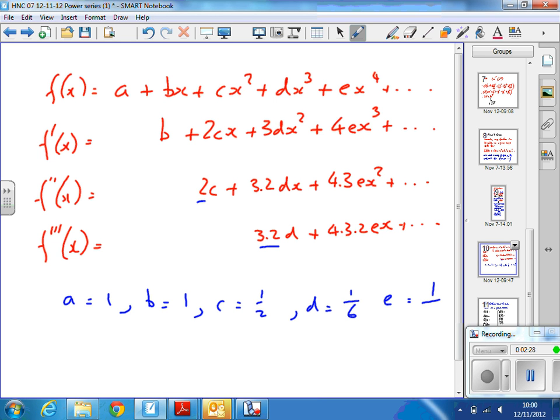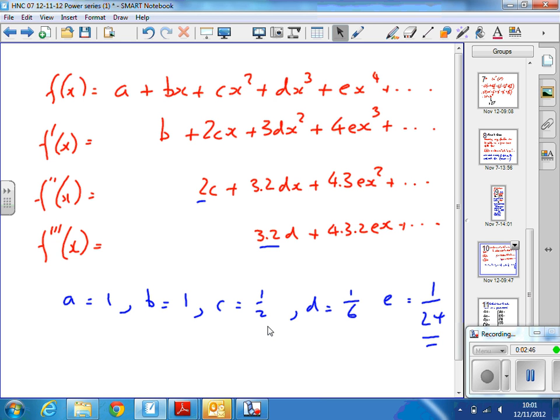Which is 24, right. So, and so on. So in other words, what are the values of the coefficients that go next to these things? It's 1 over the factorial. That's where the factorial comes from.